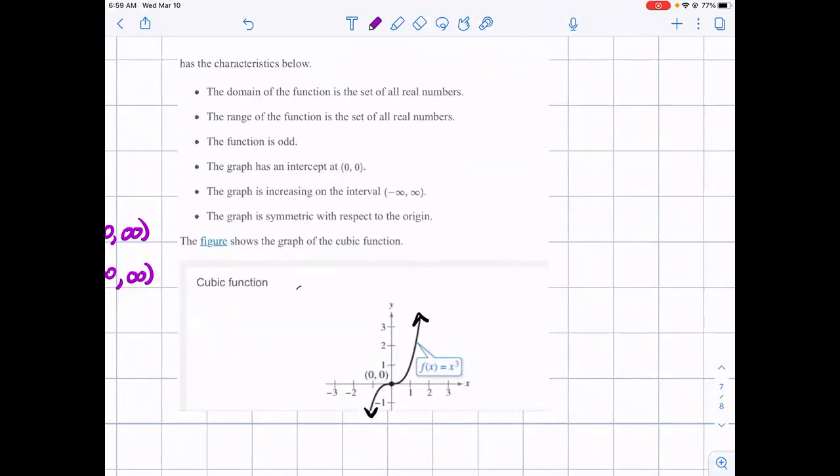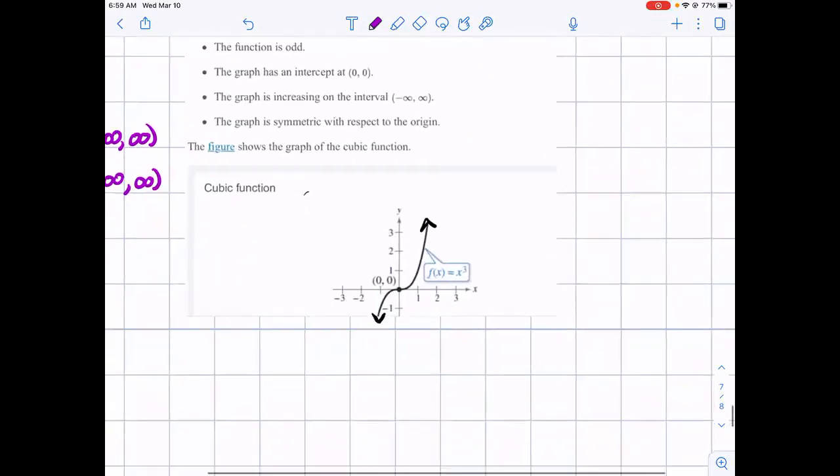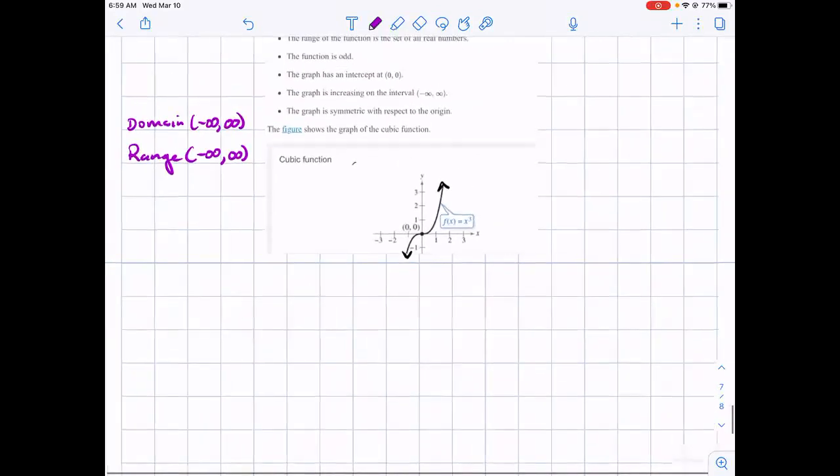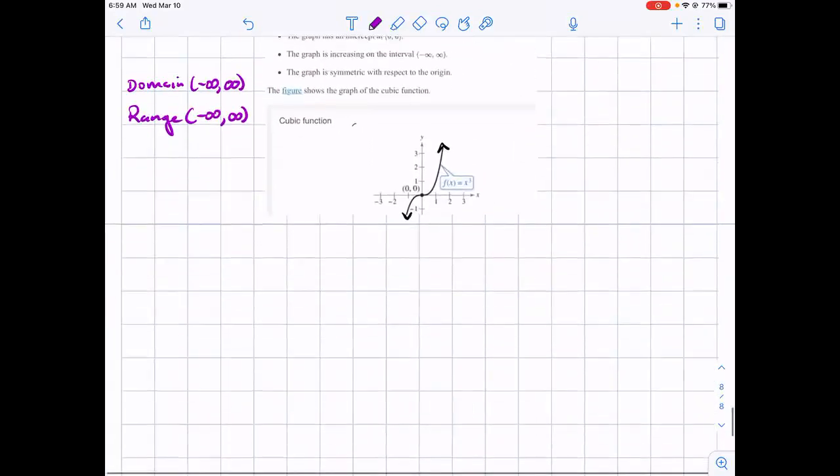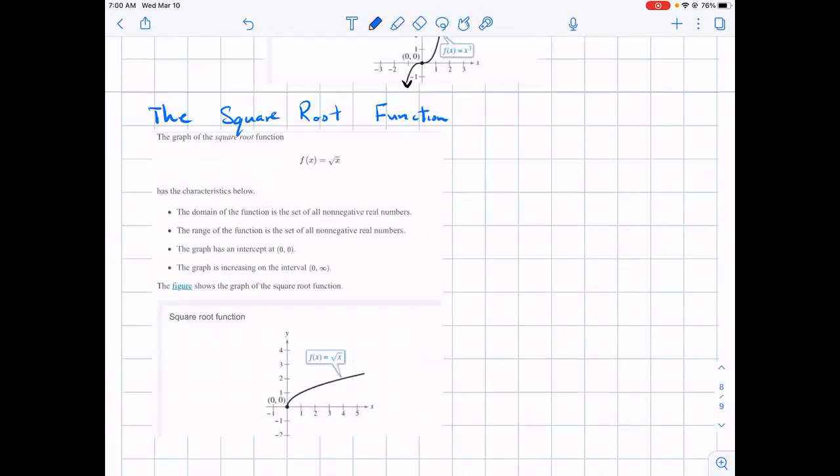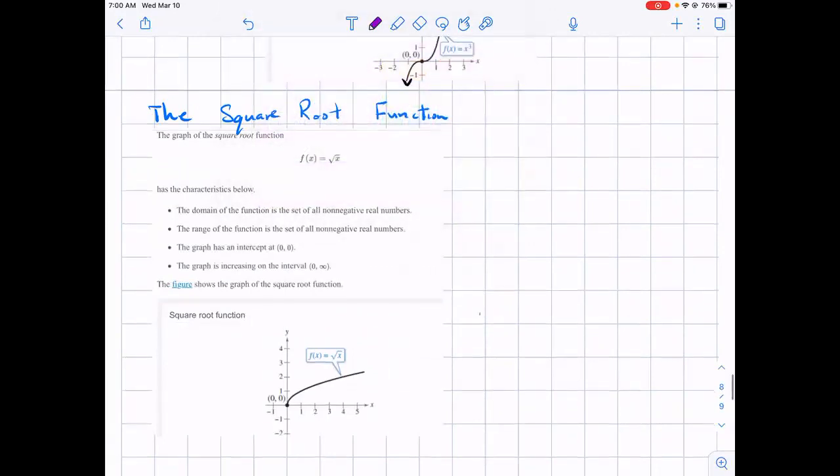And there are many other graphs here. We'll talk about the square root function. So let's continue. Here we have the square root function. Notice that your domain here is 0 to infinity, including 0.